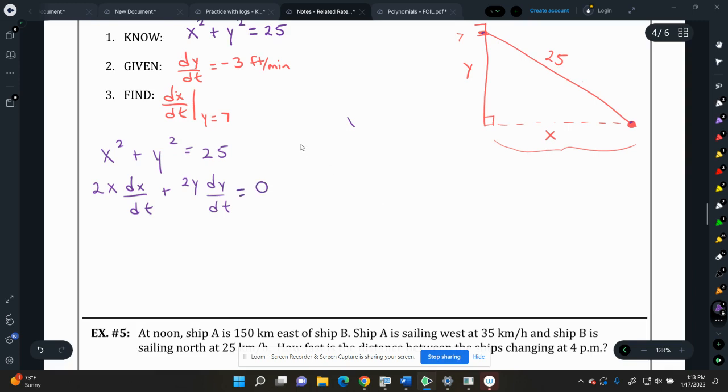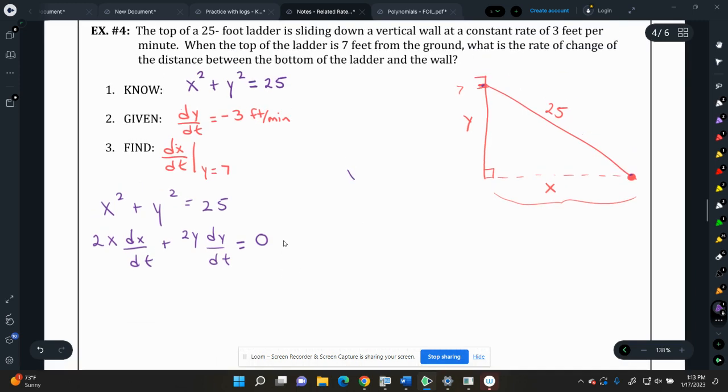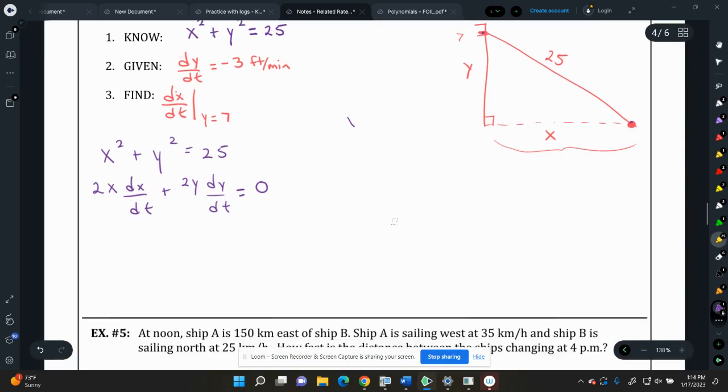Okay. We know dy/dt. I'm trying to find dx/dt. I don't know x. And actually, I don't know y either, right? Oh, y equals 7. And we also know dy/dt. So I know dy/dt, I know y equals 7, and I'm looking for dx/dt. It's the x that I'm missing.